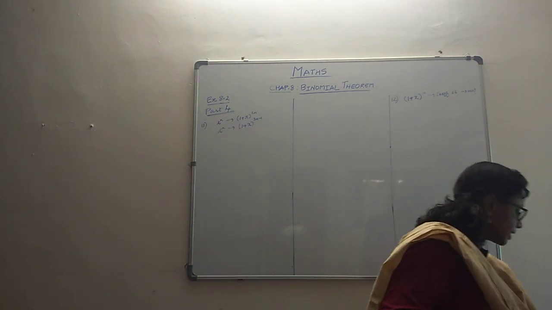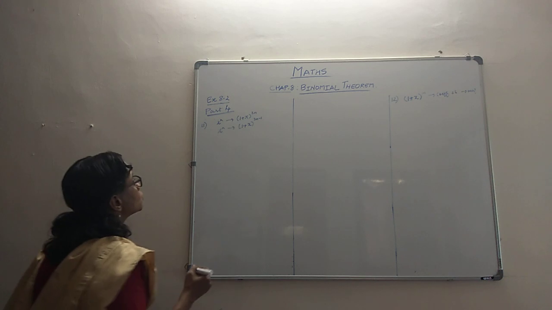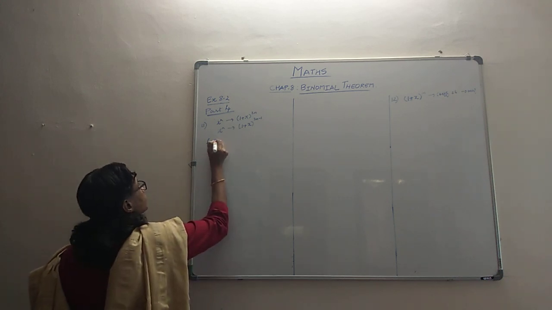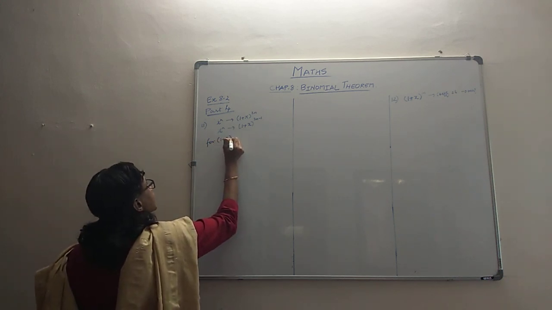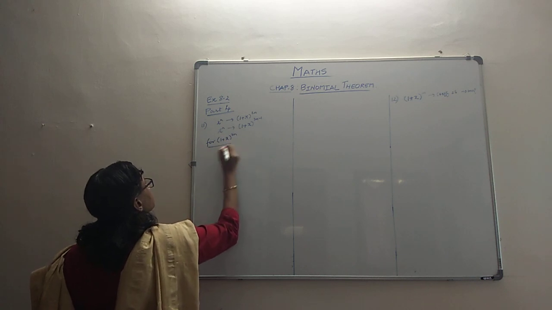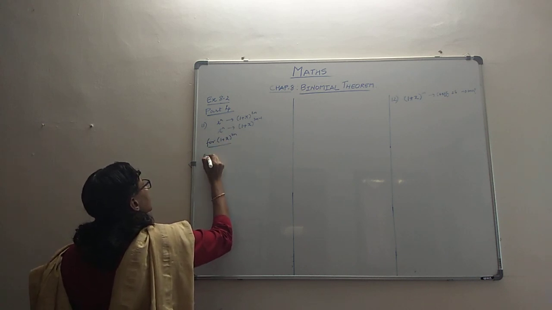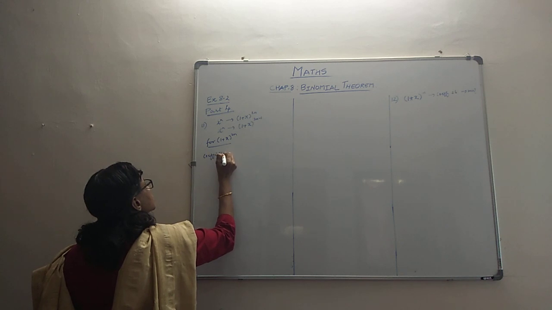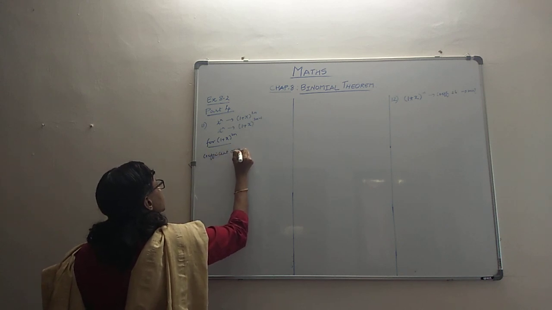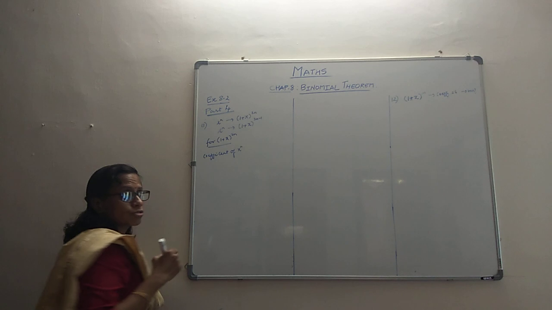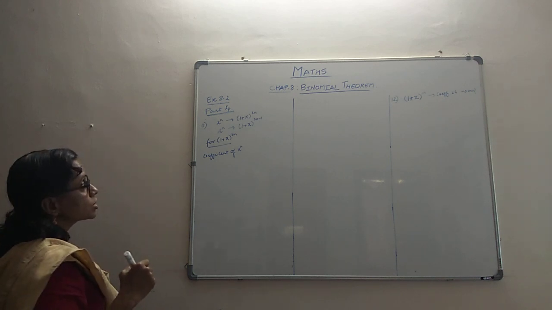Let's right away get across finding the coefficient. So for (1 plus x) raised to 2n, the coefficient of x raised to n. If you have to find the coefficient of x raised to n, you should look at the nth term.